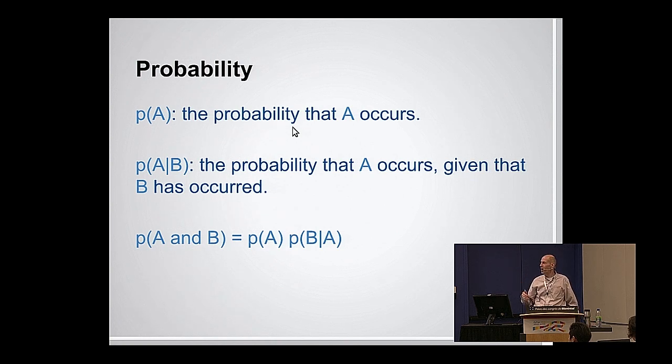So conditioned on B. And then the conjoint probability is the third line, and that is the probability of two things happening. And that's just the probability of the first one, so probability of A, times the conditional probability of B, given that A has occurred. So that's it. Those are just some definitions. Well, the third one is actually a statement of an actual law of probability.